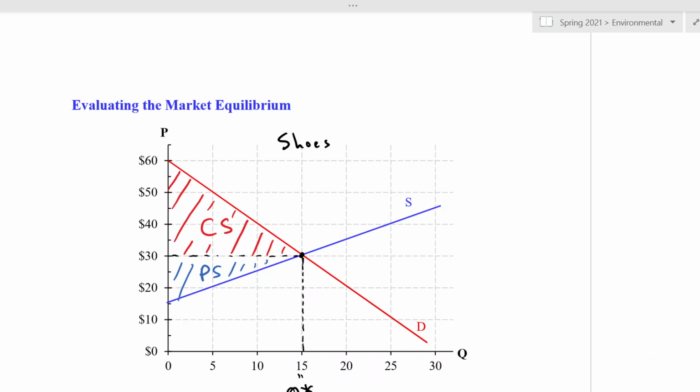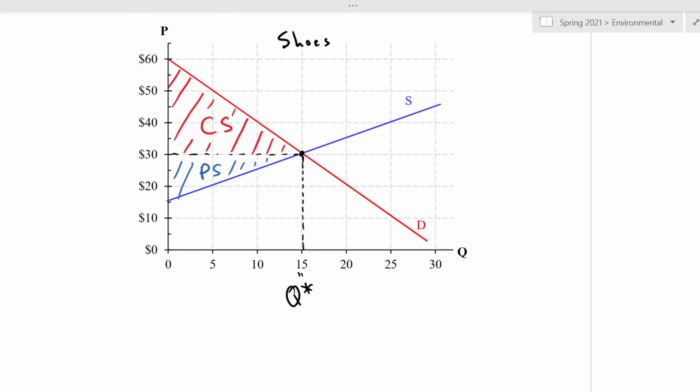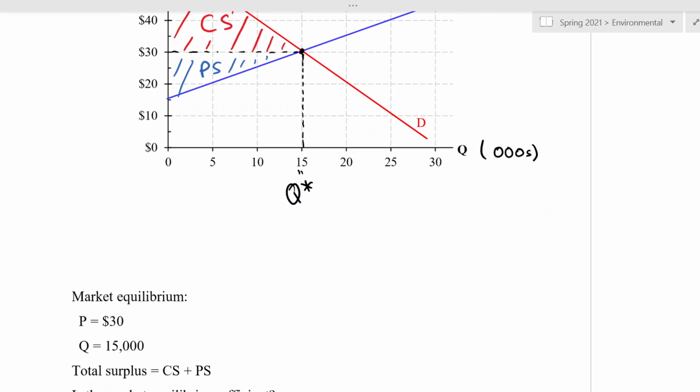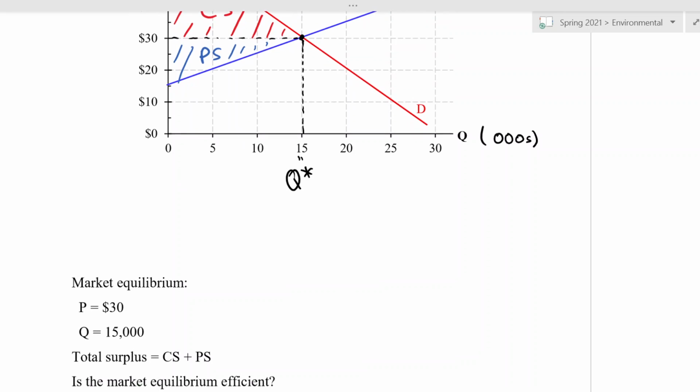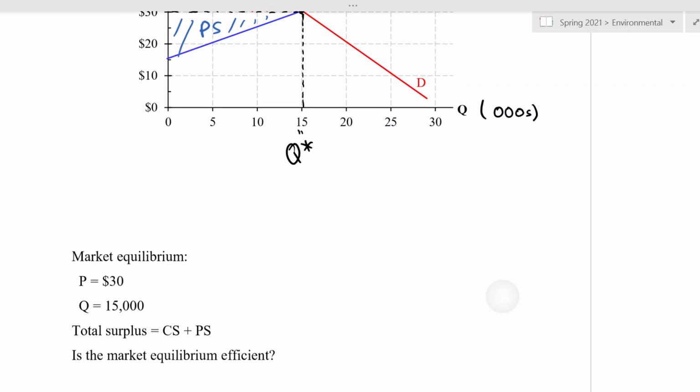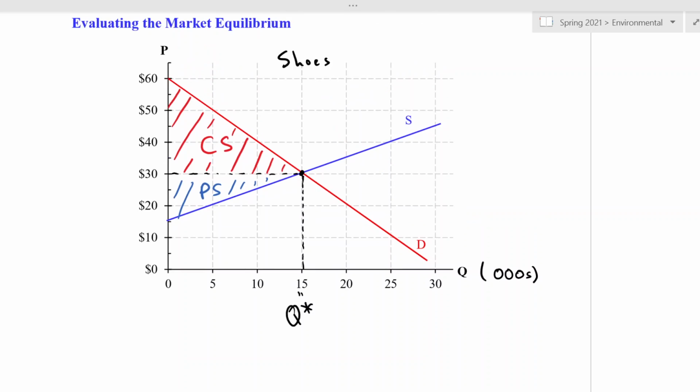And so with this, let's suppose these are thousands of shoes. So the market equilibrium is a price of $30, a quantity of 15,000 shoes, and the total surplus is consumer surplus plus producer surplus.